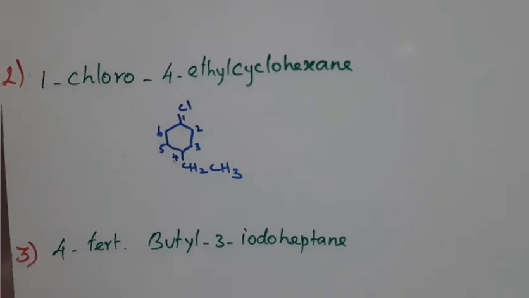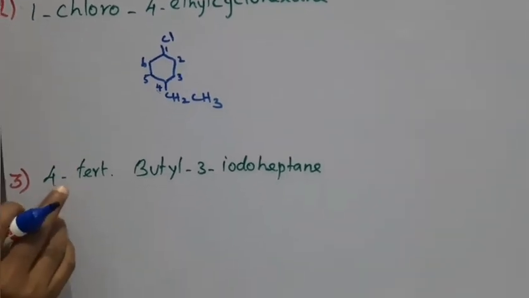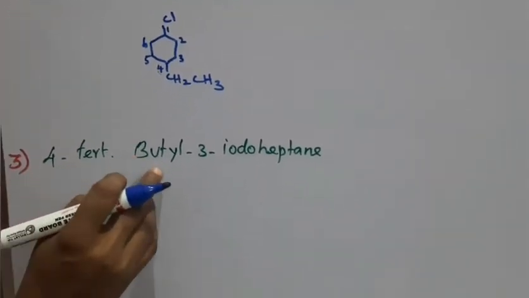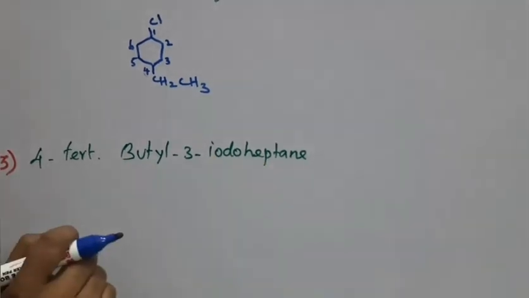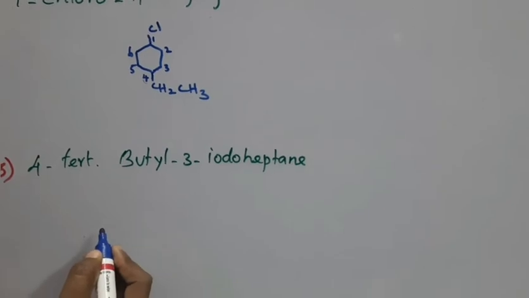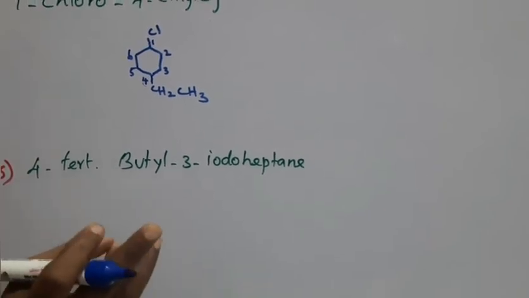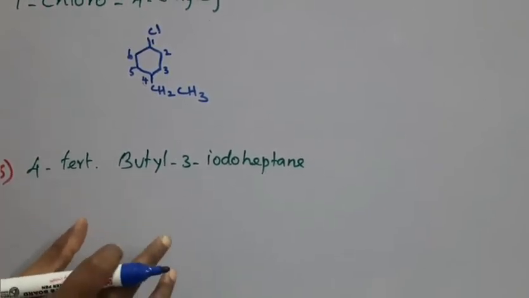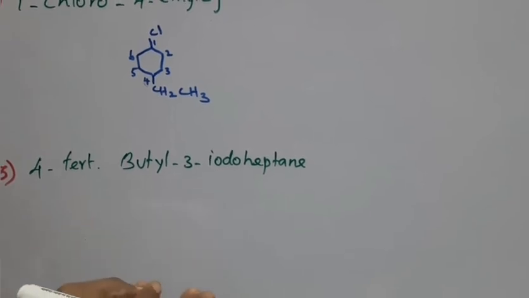Next, the third one: 4-tert-butyl-3-iodoheptane. The root word is heptane, which means 7 carbon atoms. Meth, eth, prop, but, pent, hex and hept.